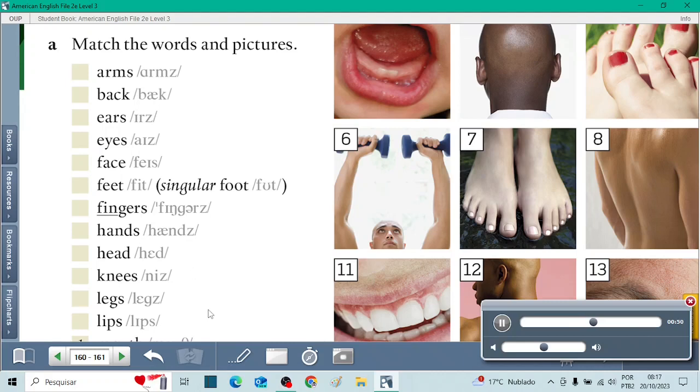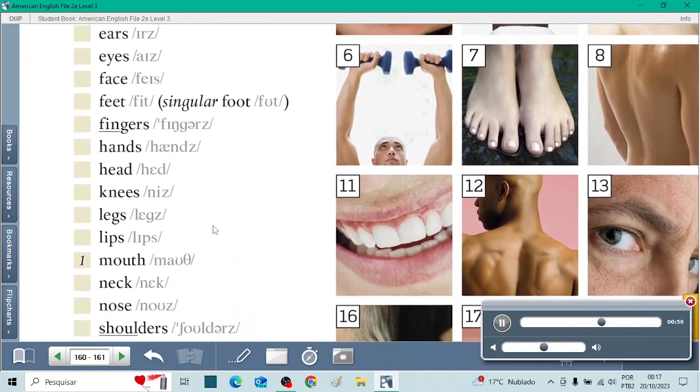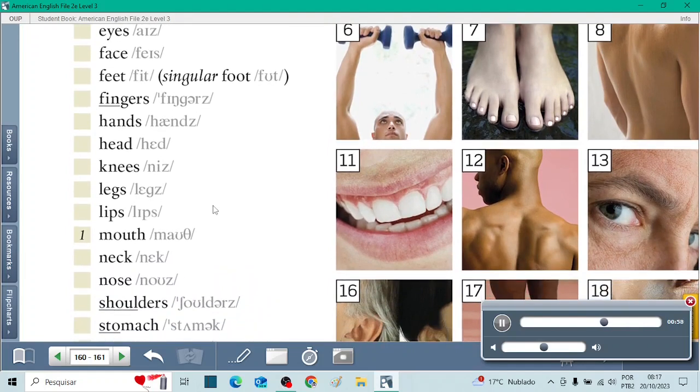Knees. 17. Legs, 20. Lips. 1. Mouth, 4. Neck. 18.